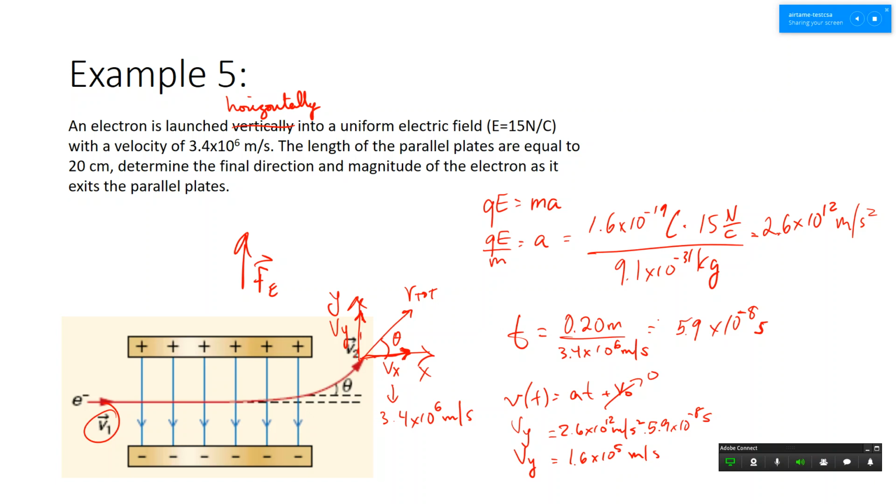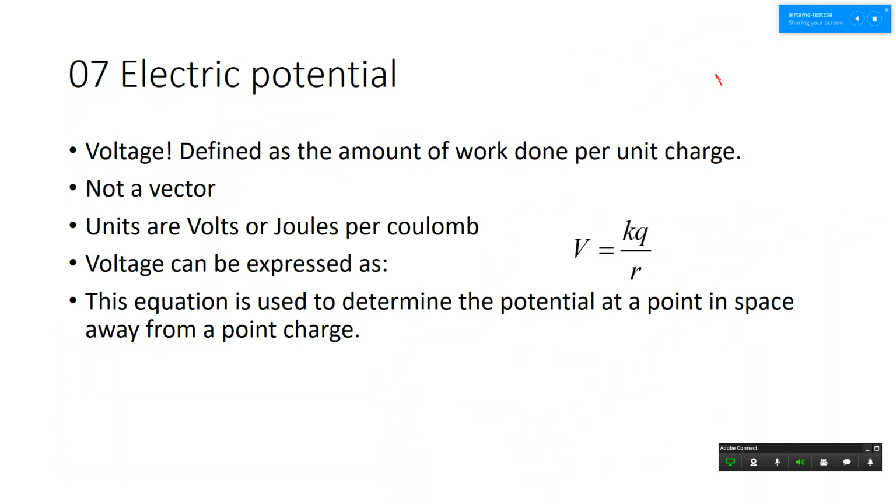How do I find my v total if I have my y and my x? Use trigonometry, or even more simply Pythagoras. So v total is equal to the square root of vy squared plus vx squared. And my angle is going to be equal to the inverse tan of vy.